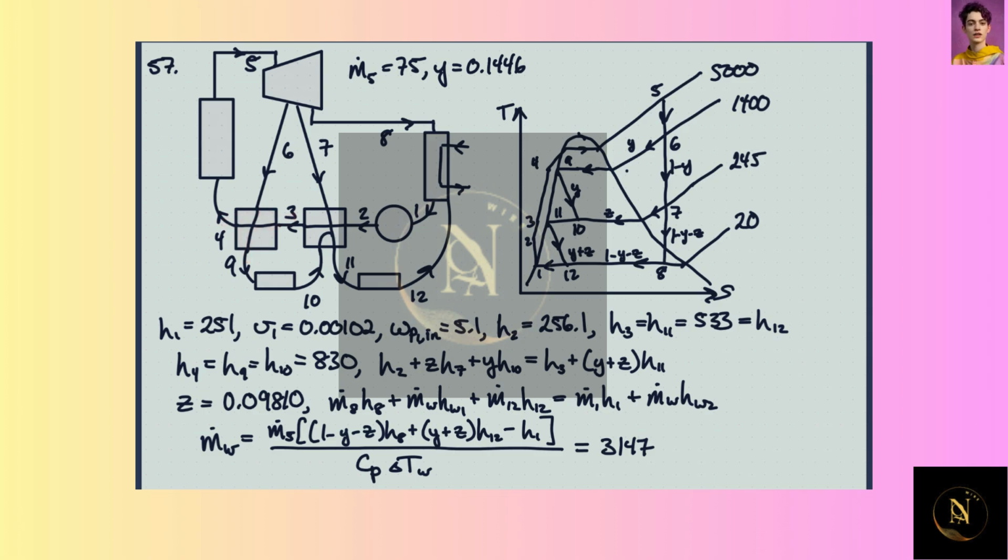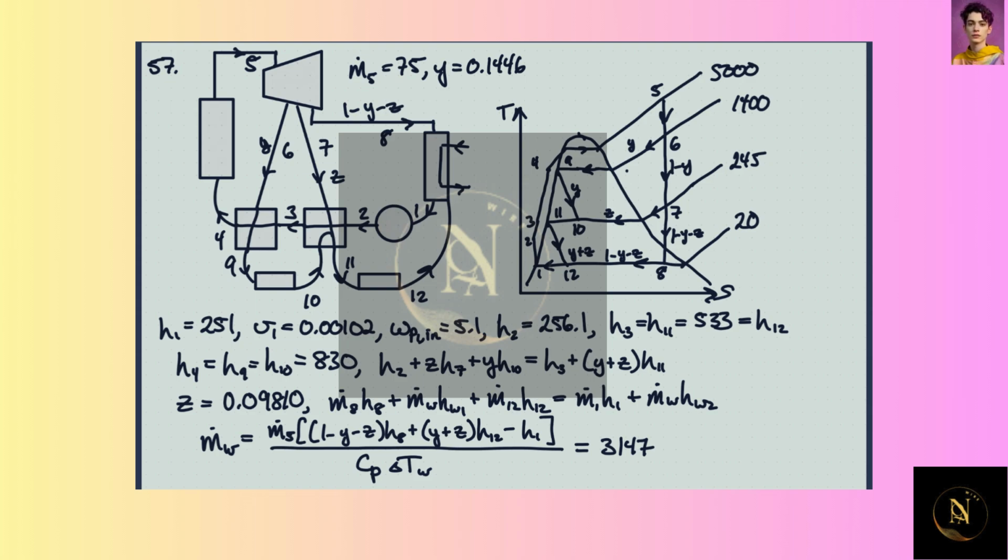Okay, so if we do conservation of energy on the closed feed water heaters, I should put in Y. So this is Y and this is Z, and this is 1 minus Y minus Z. So we have into this one, you can see we have H2.